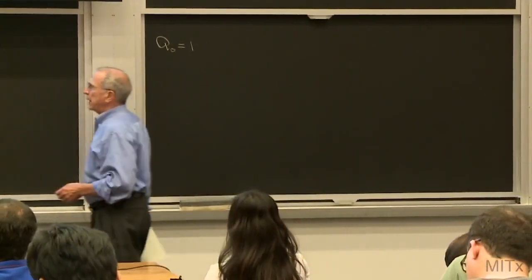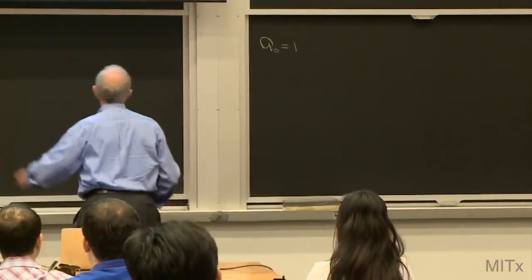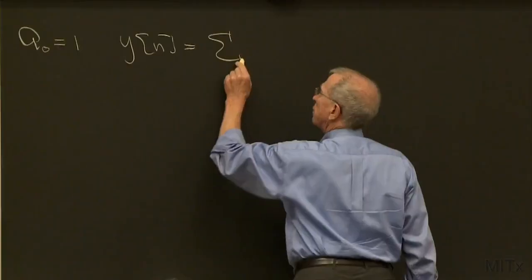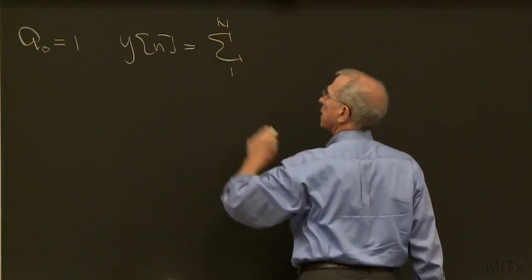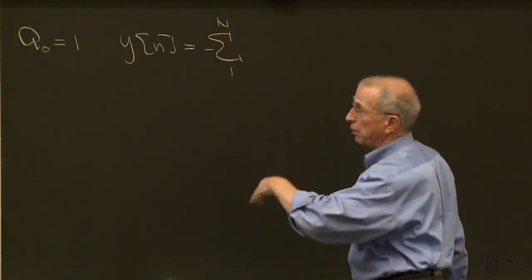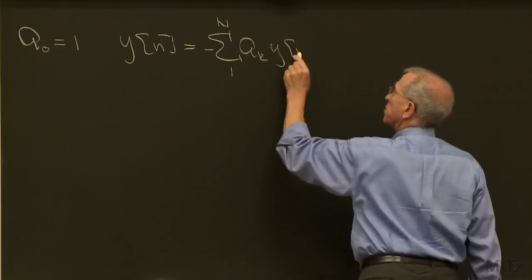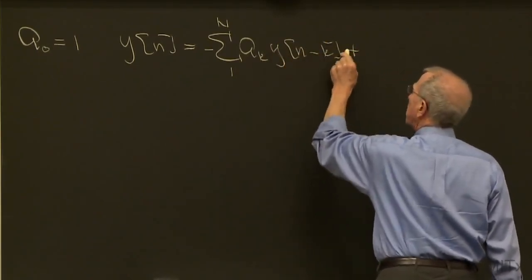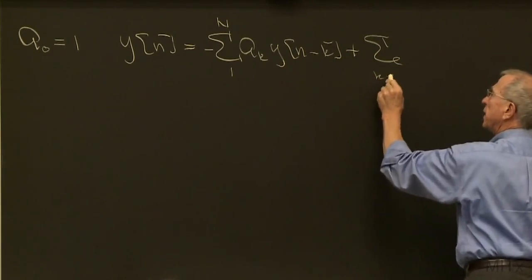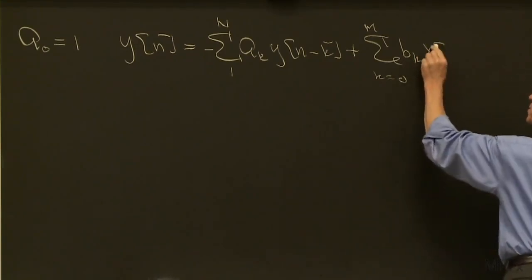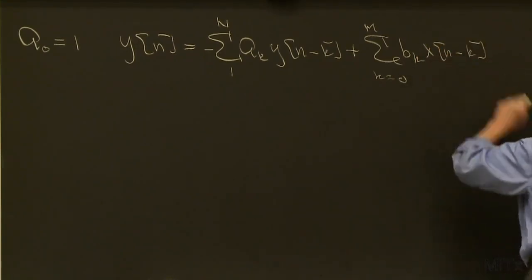And then let me just rewrite that equation so that I'll write it as y of n is the sum from k equals 1 to n. I guess I have a minus sign now because I'm going to take it over to the other side. A sub k, y of n minus k, plus the sum k equals 0 to m, b sub k, x of n minus k.